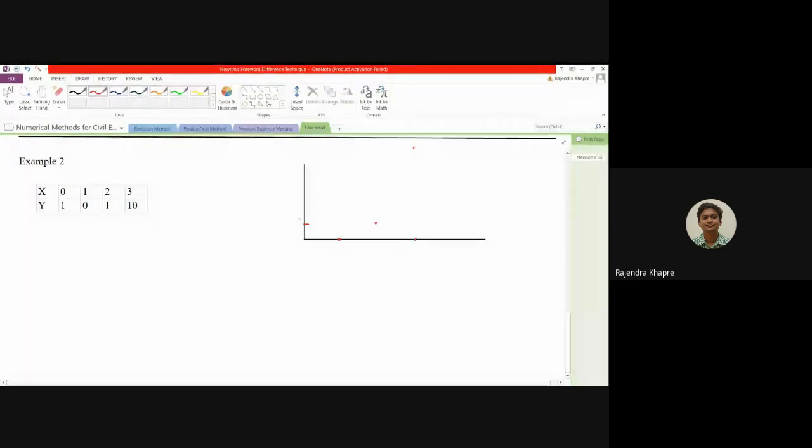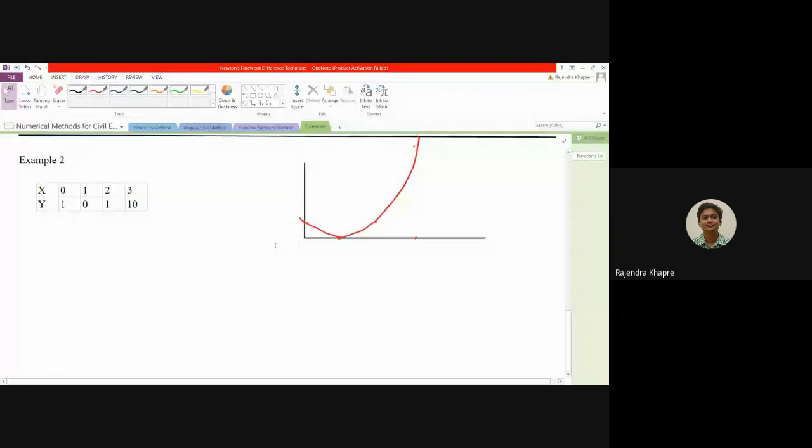So the graph is looking like this. Say, this is 0, this is 1, this is 2, and this is 3.